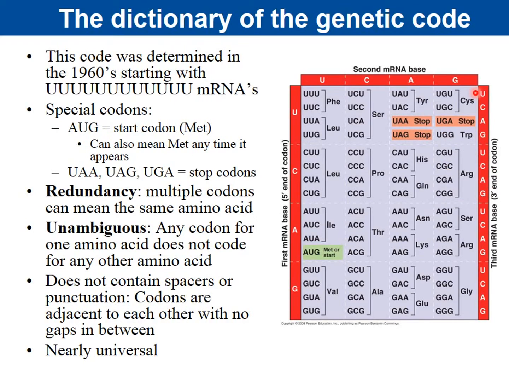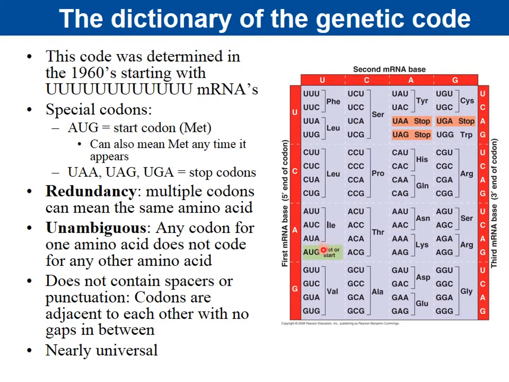Now, if you look at this genetic code, there's a couple features about it that will become apparent. The first is, you notice that there's one in green, AUG. AUG is what we call a start codon, meaning that that's where translation is going to begin. And you also notice it says MET or start. MET is from the amino acid methionine.